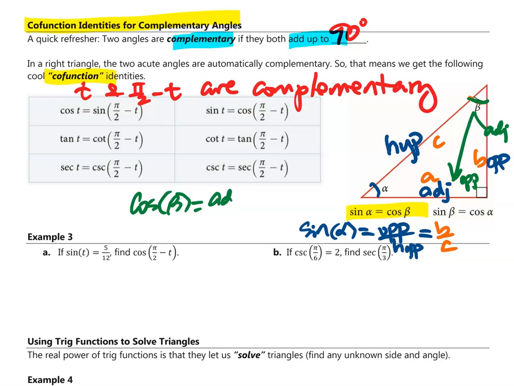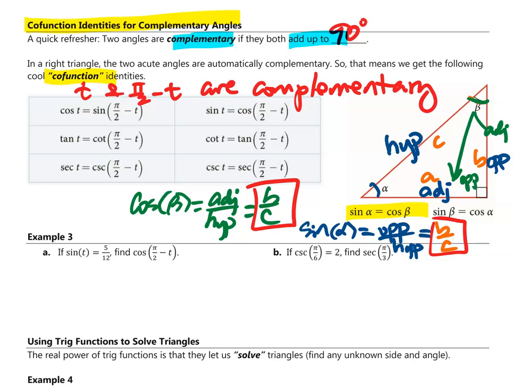Cosine is adjacent over hypotenuse, and that is still equal to adjacent B over hypotenuse C. So that's why sine alpha is equal to cosine beta. Same thing with sine beta is equal to cosine alpha.